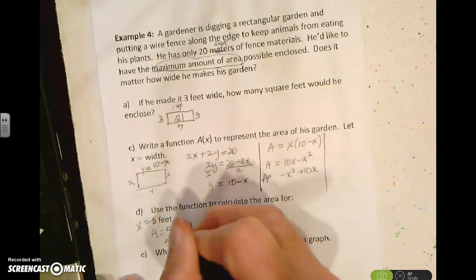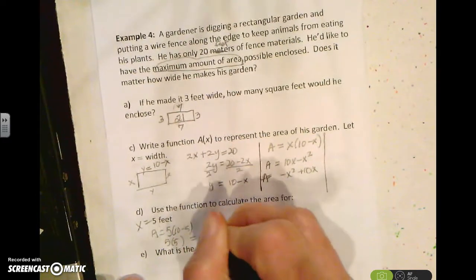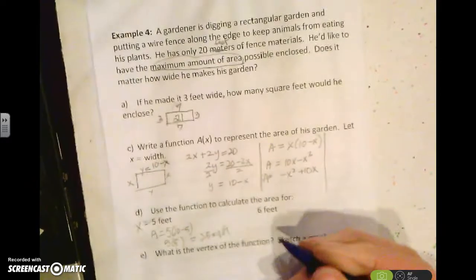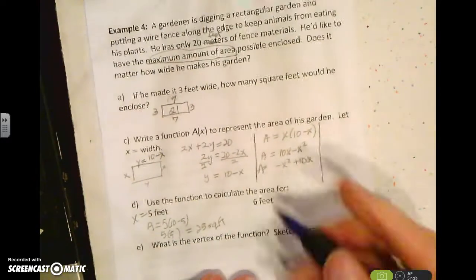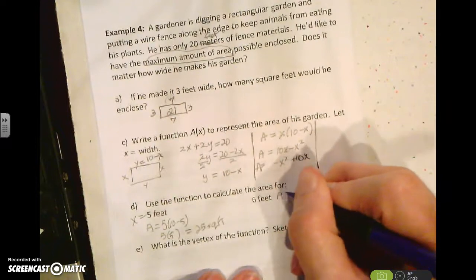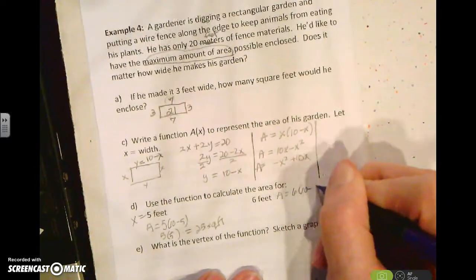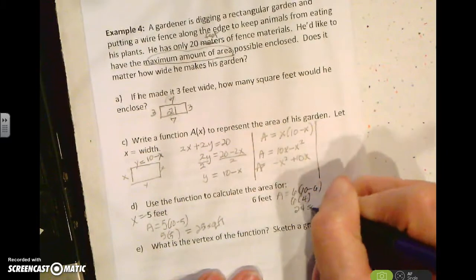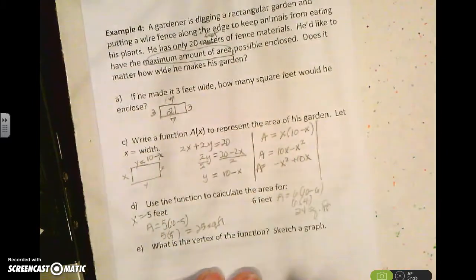And that's going to be 5 times 5, which is 25 square feet. If I do a 6, I'm going to again plug it in up here. I'm going to have that the area is equal to 6 times 10 minus 6. So 6 times 4 is 24 square feet.